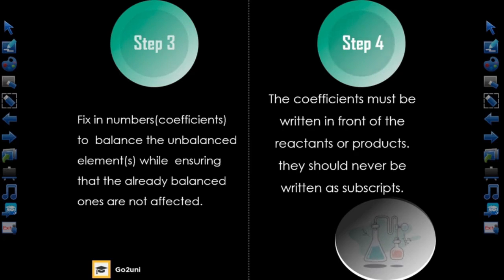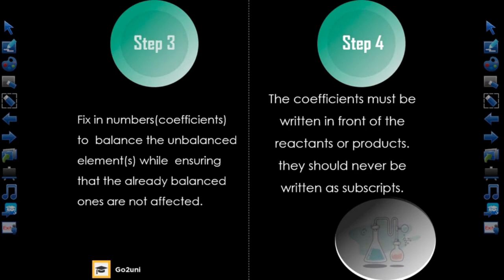And lastly, it is worthy to note that in trying to balance equations, coefficients must not be placed as subscripts or even superscripts. That is to say, we place the coefficient numbers in front of the elements.